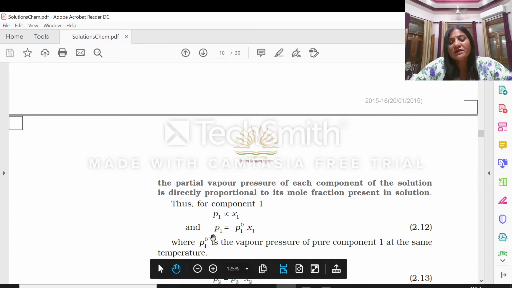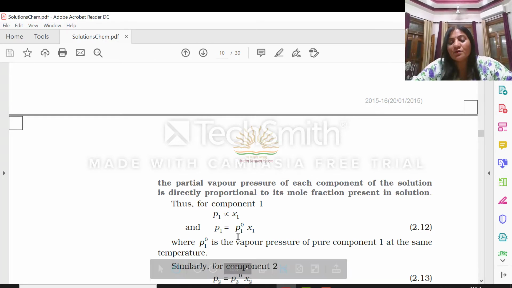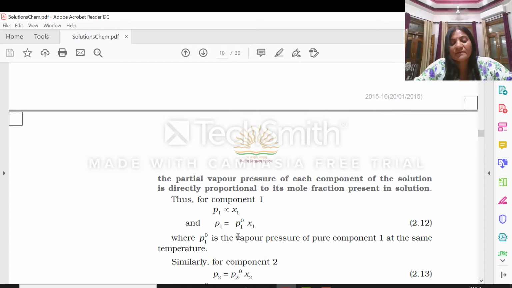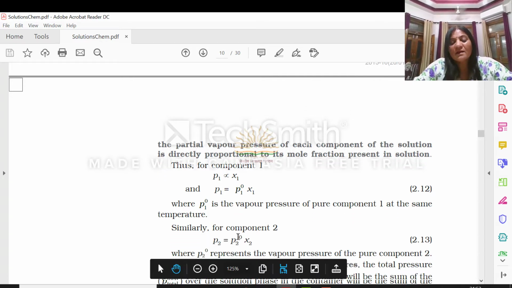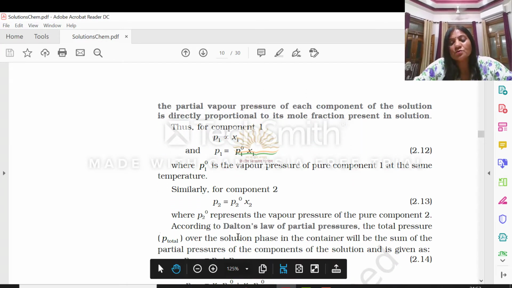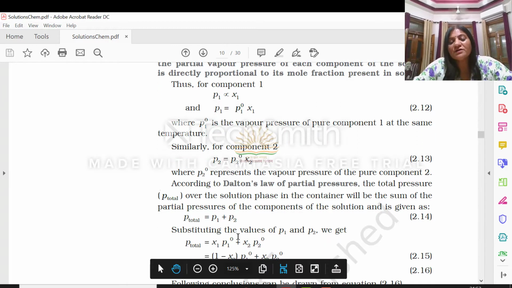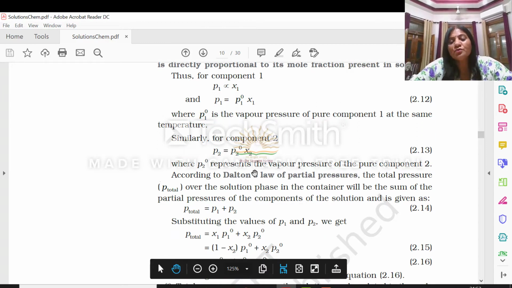For the proportionality we have some constant, that constant is P naught 1. Then P1 is equal to P naught 1 into X1. P naught 1 is the vapor pressure of component 1 in the pure state. Similarly for component 2, P2 is equal to P naught 2 into X2.